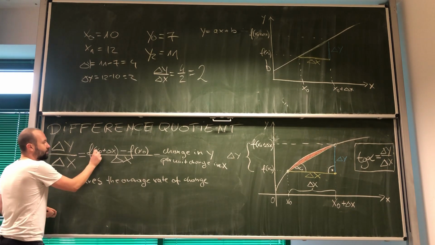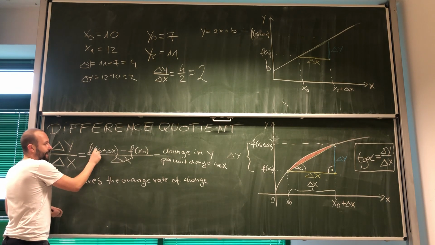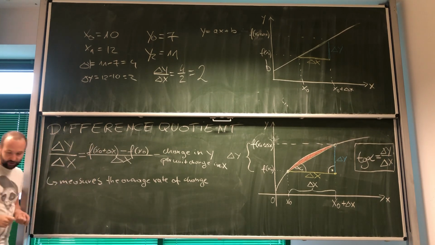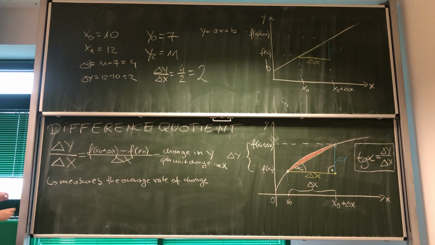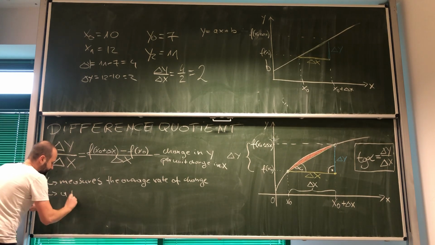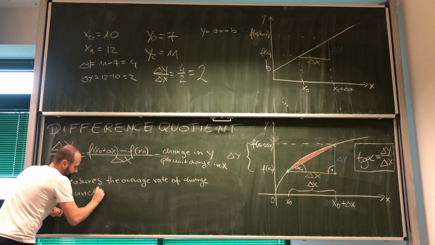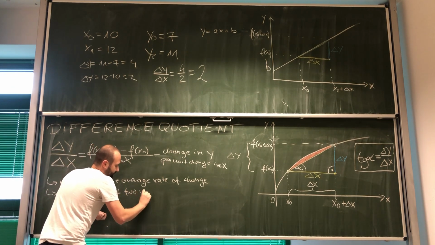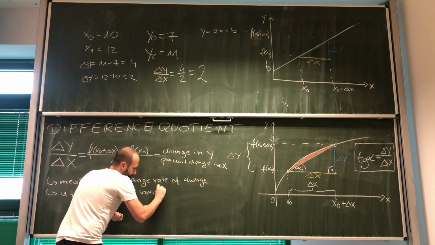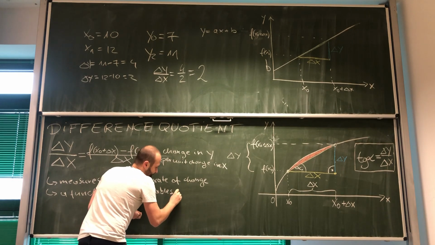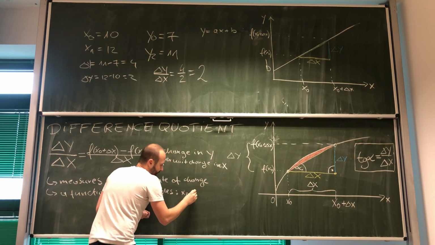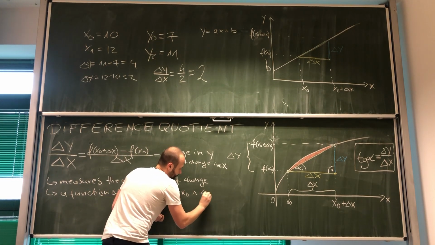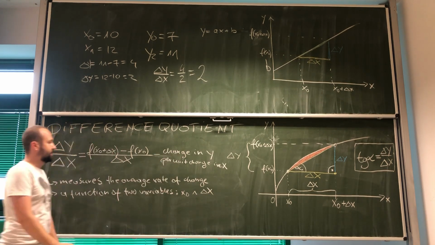We need to know what was x at the beginning and by how much x has changed. So this is a function of two variables, x0 and delta x.